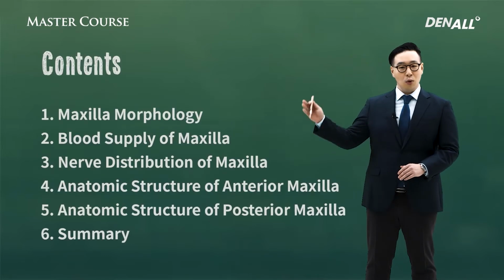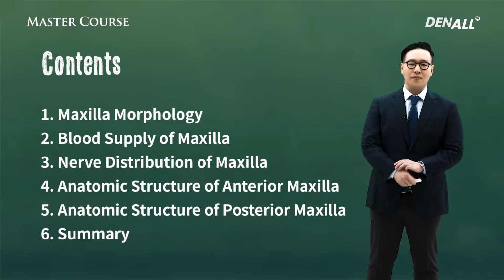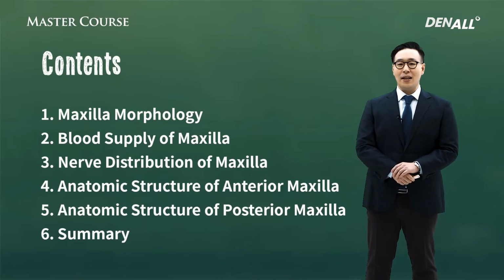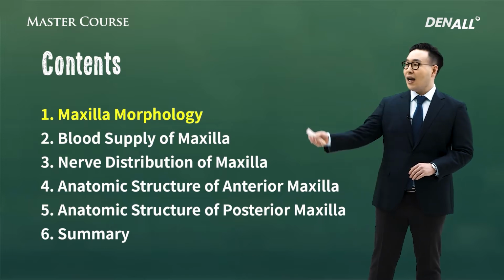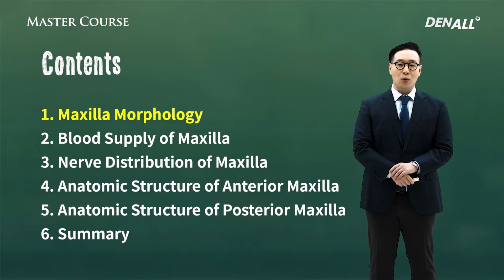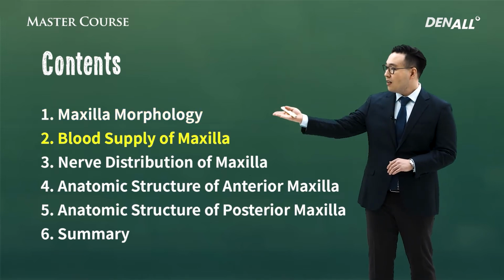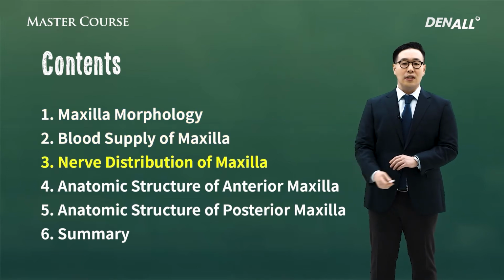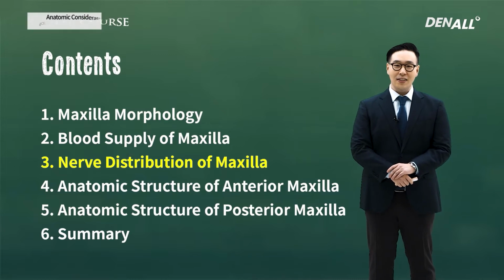So this is what I'm going to cover. I'm going to first start by looking at the maxilla morphology. Then I'm going to talk about the blood supply and nerve distribution of maxillar side.